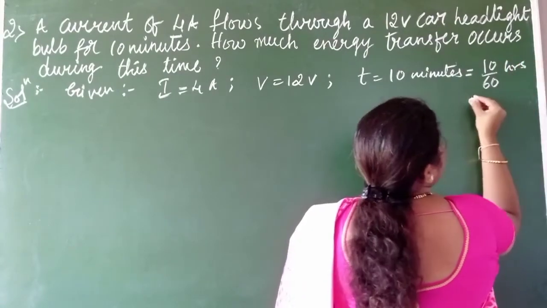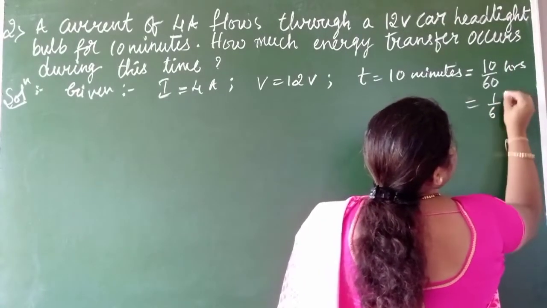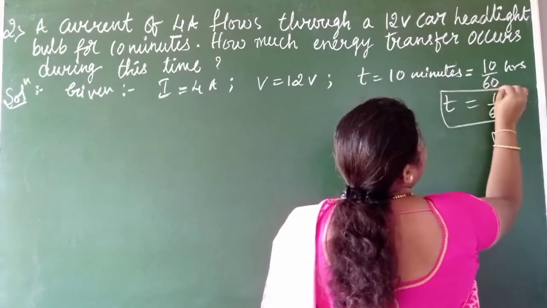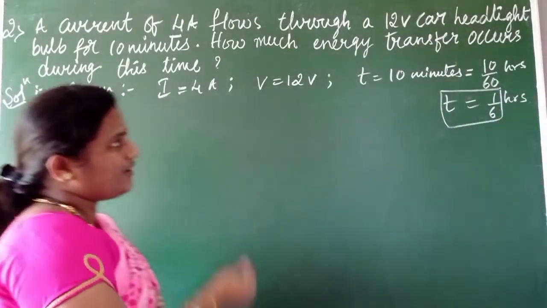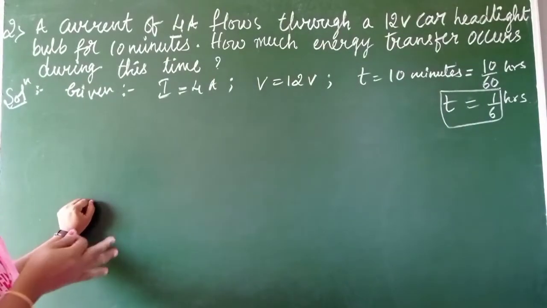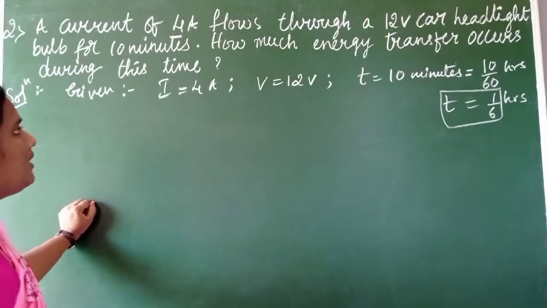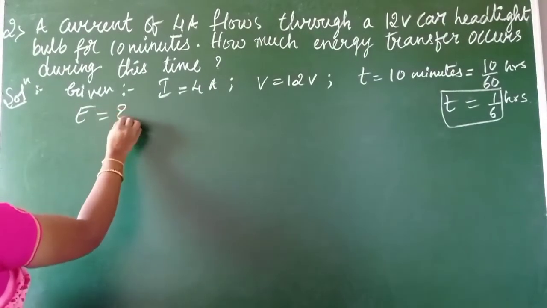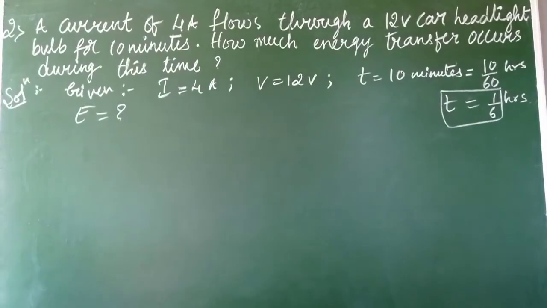Which is nothing but 1 by 6 hours, the duration in terms of hours. You can divide it still further, but I feel it's better to stop up to there. Okay, next, how much energy is transferred, this is what we want to calculate.